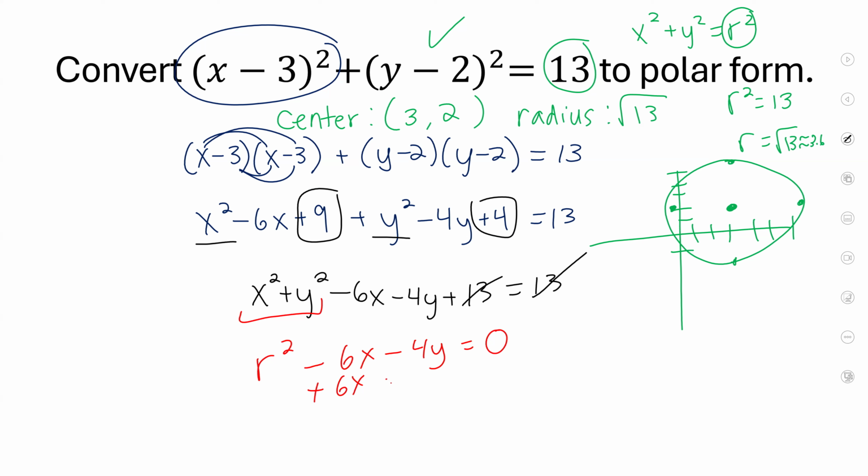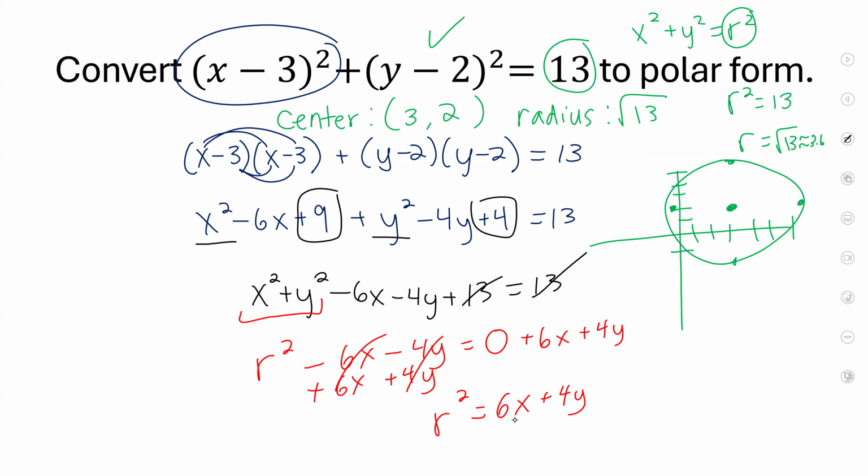I'll move these over. Yeah, I just didn't want negatives. So you have r squared equals 6x plus 4y. Good. Substitute r sine and r cosine for x and y.